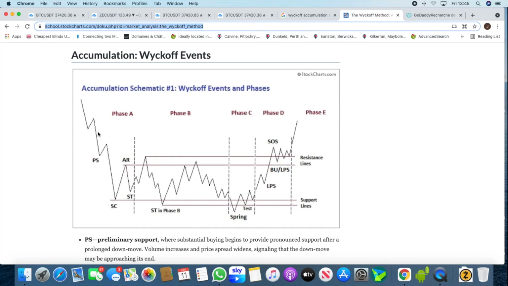Now, preliminary support is where the price comes down. There's an initial support where the price bounces, and then it continues down to this selling climax, this frenzy of selling, automatic reaction, almost like people taking profit on their shorts. People's longs are liquidated, and so this basically forces an automatic response. As you know, the way to liquidate a long position is to take a short position.